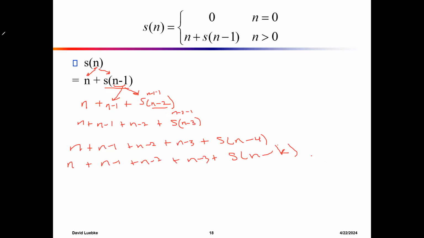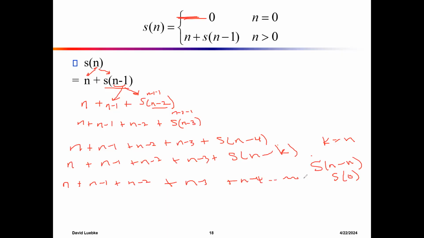Remember, if you look at the top here, you will see n is equal to 0. What if k is equal to n? We'll get S of n minus n, which is S of 0. And what would we have all the way down to 0? n plus n minus 1 plus n minus 2 plus n minus 3 plus n minus 4 all the way down to 3, 2, 1, 0.